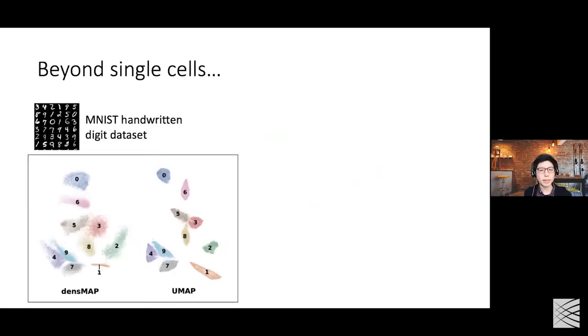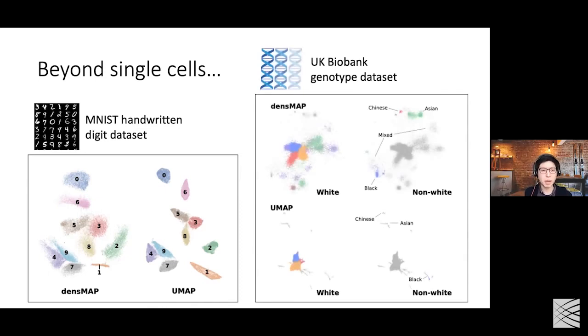I also want to point out that we tried applying these methods to other types of data sets outside of single-cell genomics. On the MNIST data set of handwritten digit images, we found this really interesting example where the cluster corresponding to ones becomes a lot smaller in densMAP compared to other clusters. And this makes sense given the limited degrees of freedom with which one can write the number one compared to other digits. And we also applied our methods to genotype profiles from the UK Biobank dataset.